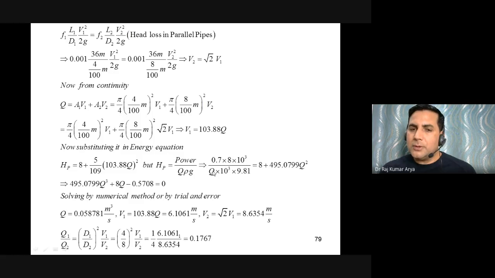Q is unknown. Rho, the density of water, is 1000, G is 9.81. So this is the HP equation. You already know one HP equation is this: 8 plus 5 by 109 times 103.88 Q square. So you have two equations for HP, equate them, and you will get this equation.